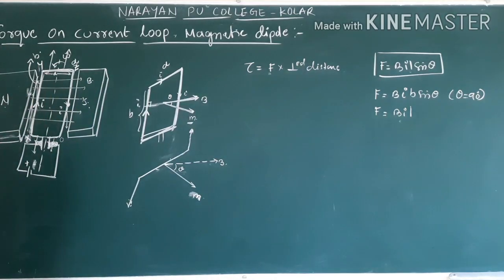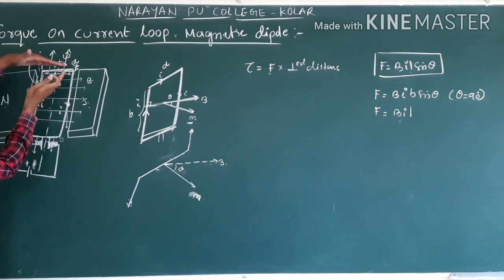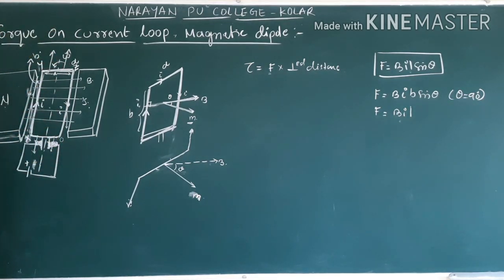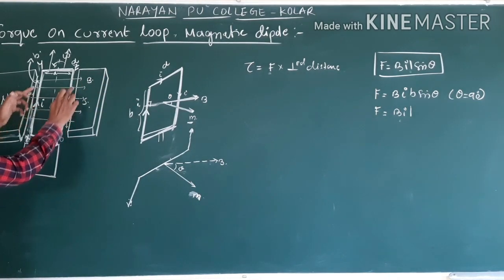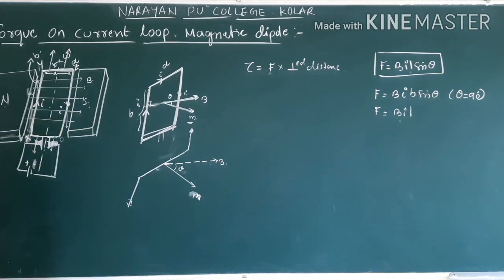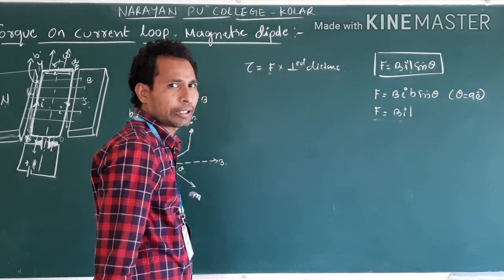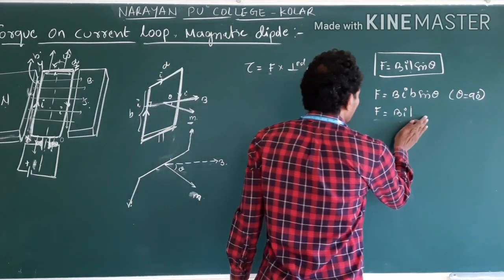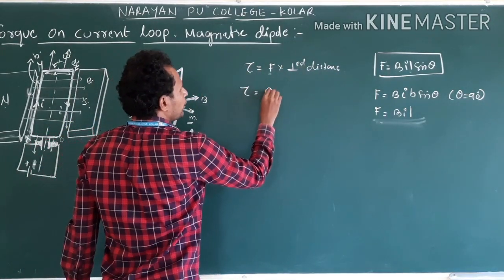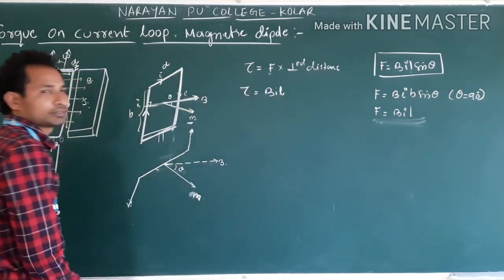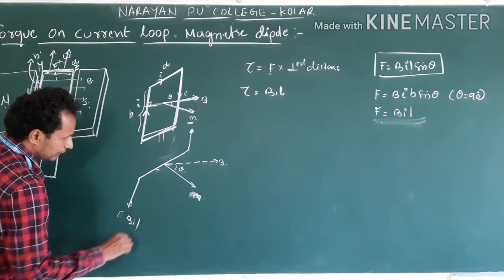No need to calculate the force on these conductors, because these forces are balanced by each other, and this conductor's force remains the same, because for these two parallel conductors the force remains the same but the direction is different. So F is equal to BIL. Now this is the force, so now torque is equal to BIL.